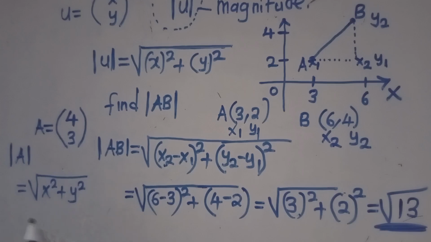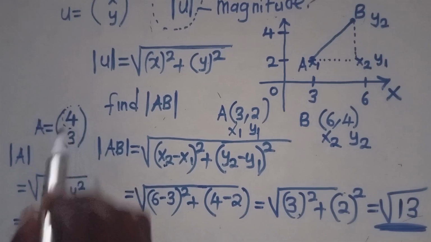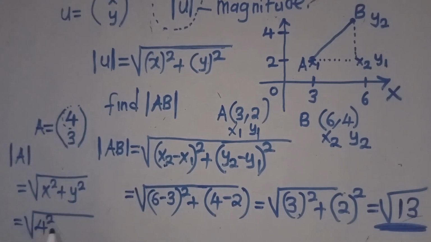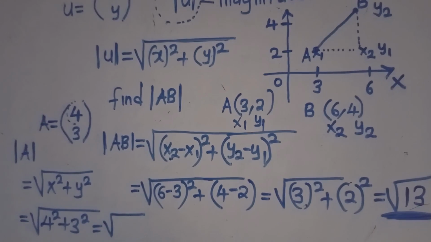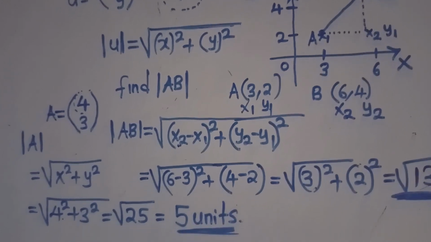So 4 squared plus 3 squared. The answer is 16 plus 9, you get 25. The square root of 25 is 5. So you just say 5 units. This is what we get to do.